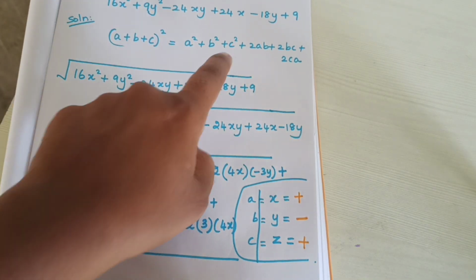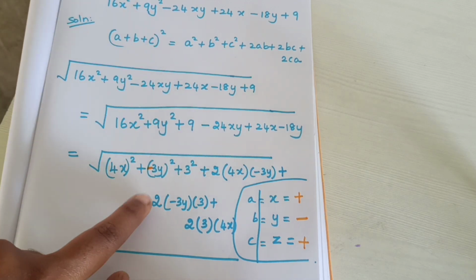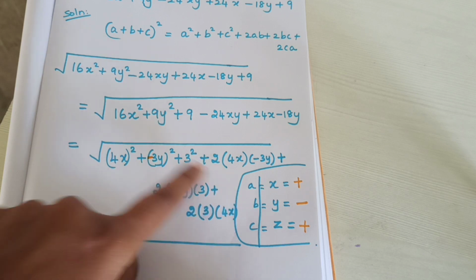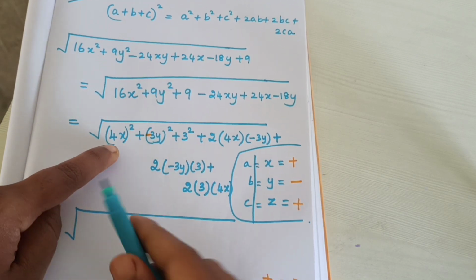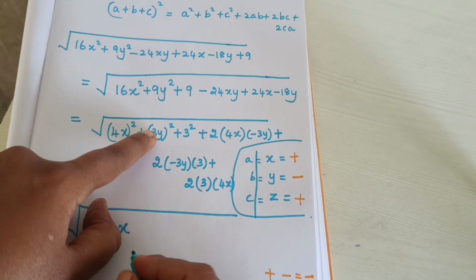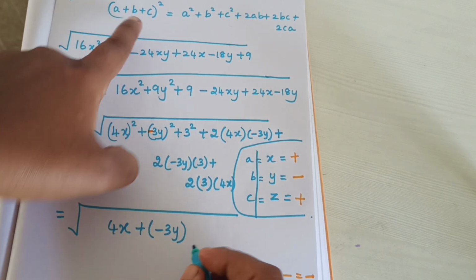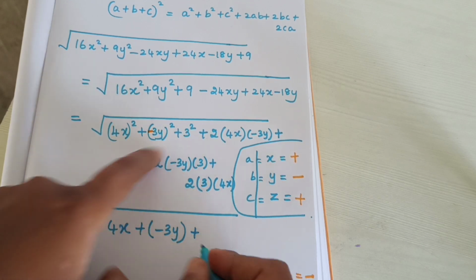Then this formula we can reduce as (a + b + c) the whole square. So here also what is a? 4x, first term, no? So 4x plus b, here the b term is -3y, plus c, here the c term is 3.